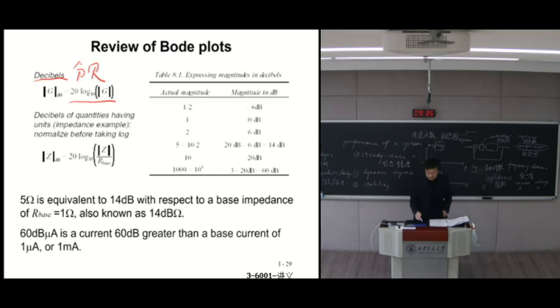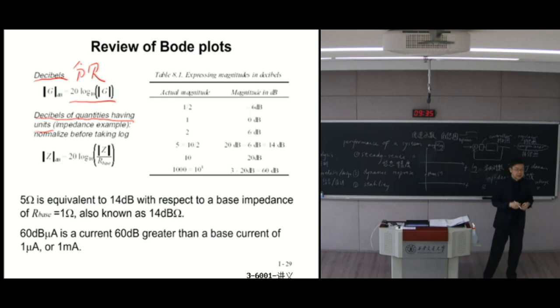There's also an explanation for the decibels of quantities having units. We have an agreement that before taking the logarithm, this quantity needs to be compared to a base quantity first. We call that normalization.